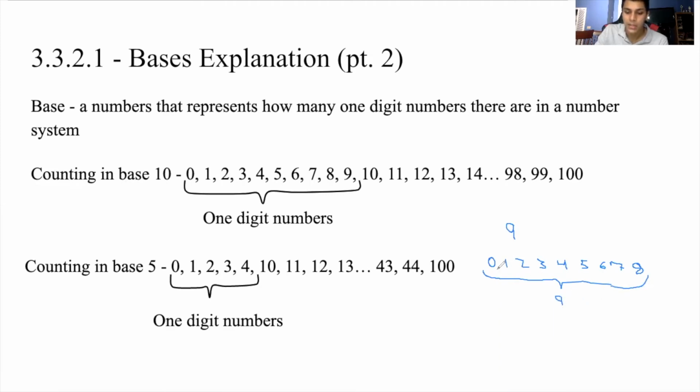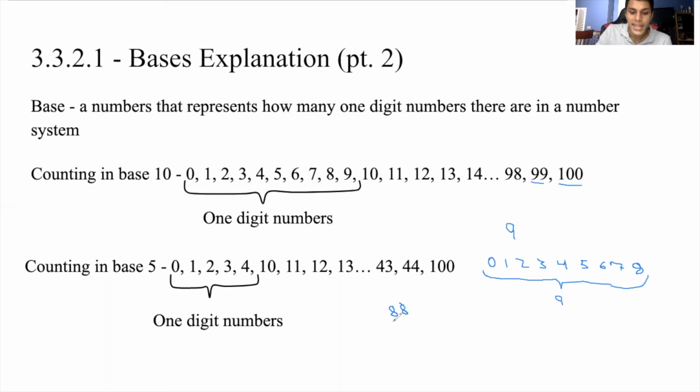So if we're counting in base 9, it goes 0, 1, 2, 3, 4, 5, 6, 7, 8, 10, 11, 12, 13, 14, 15, 16, 17, 18, 20, because we don't have 19 because that has a 9 in it. And when we got to the number 88, like in 100, how we get to 99, since there are no more one-digit numbers we can use, since we got to 88, which is the highest 2-digit number that can be created, we go to 100.